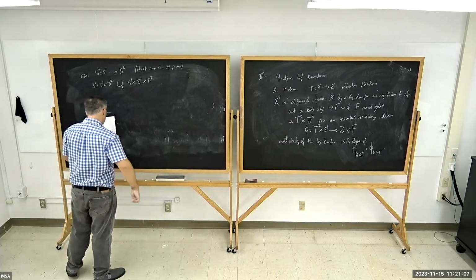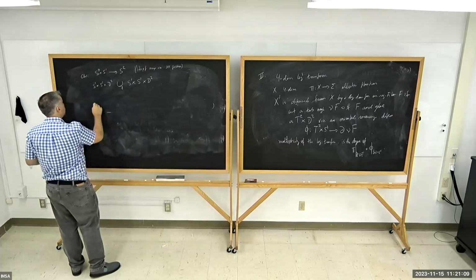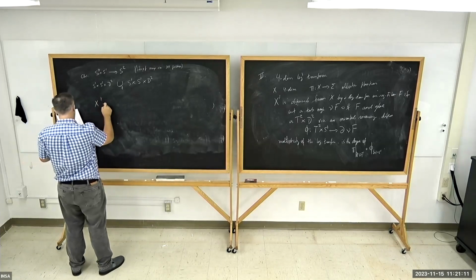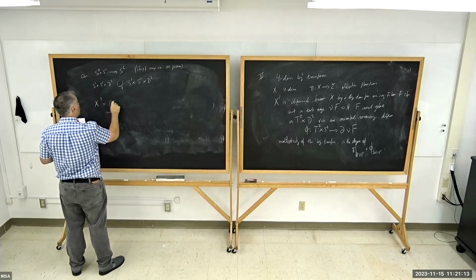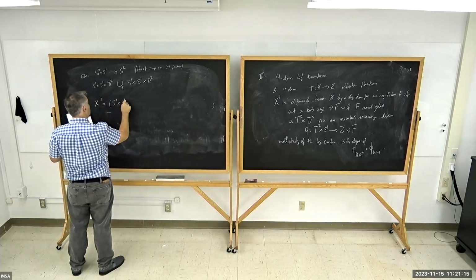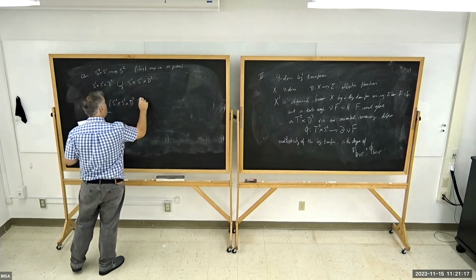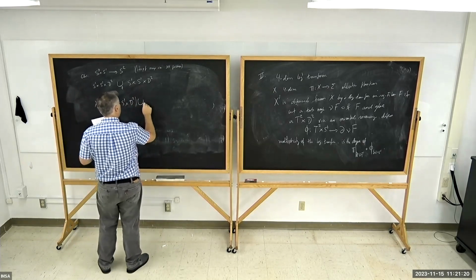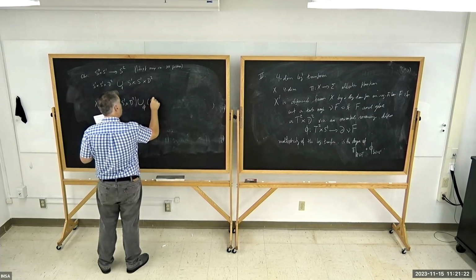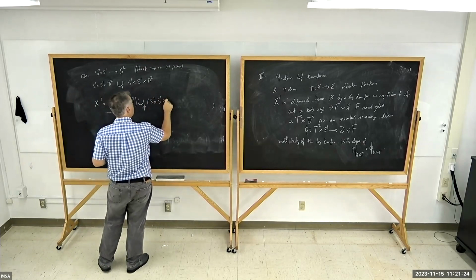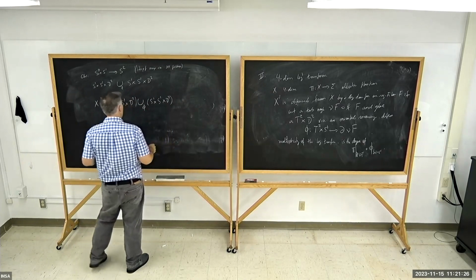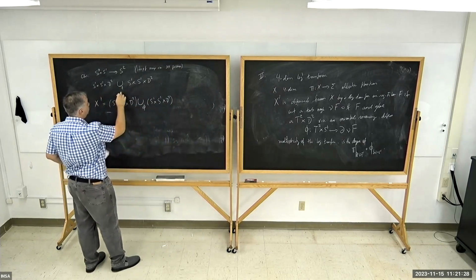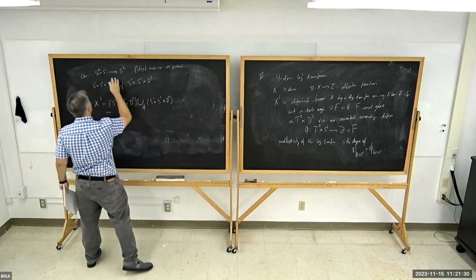And x prime will be S1 times D2 going along another diffeomorphism to S1 times S1 times D2, for some diffeomorphism. This psi is a diffeomorphism.